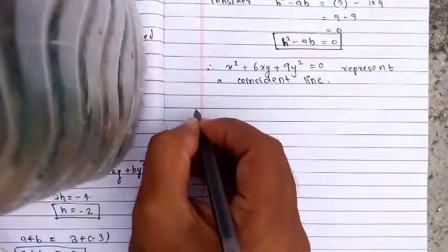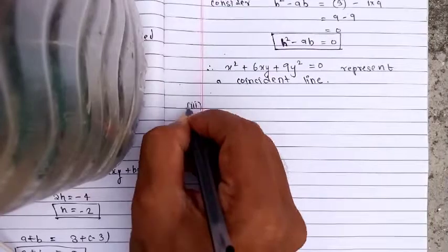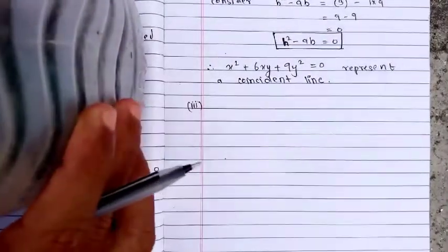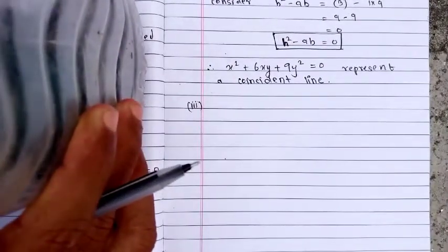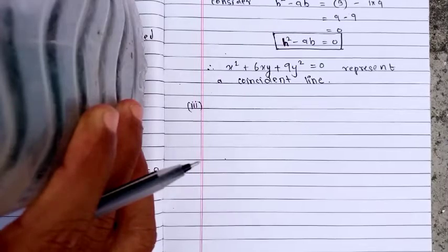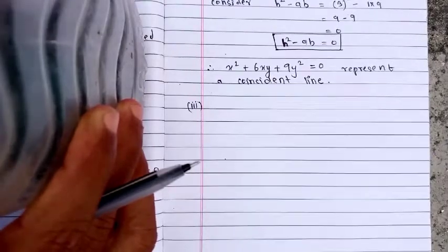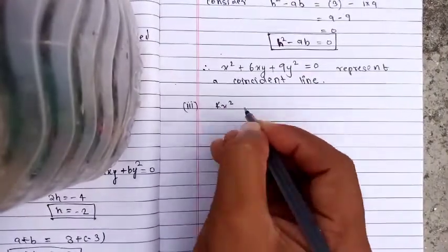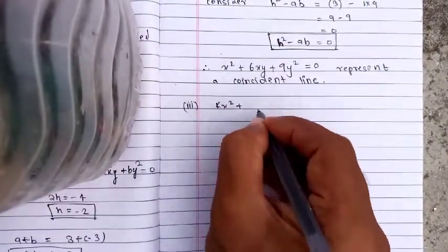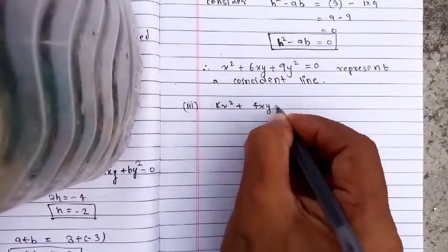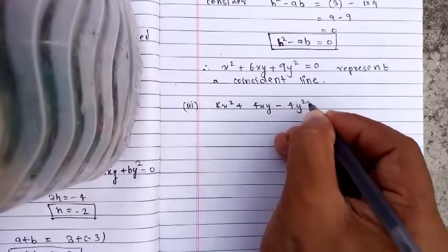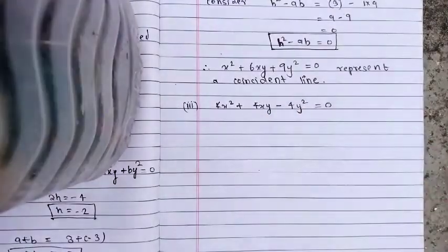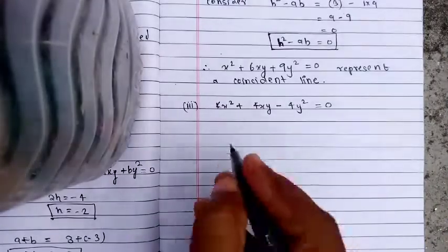Now question number 3. We have to find the value of k if the equation represents lines perpendicular to each other. The equation is kx square plus 4xy minus 4y square equal to 0, representing perpendicular lines.